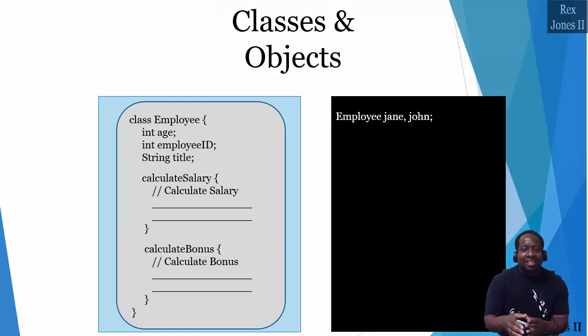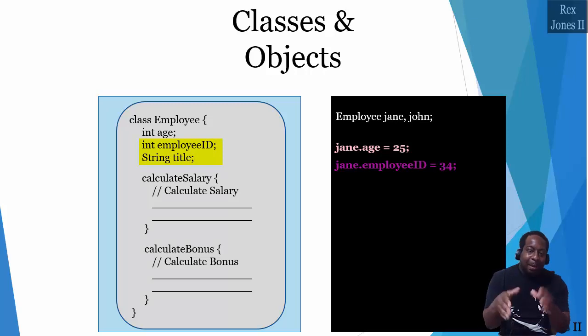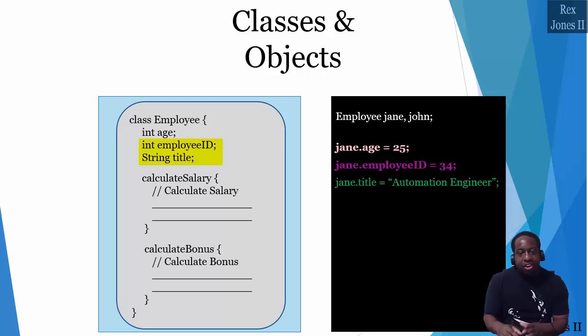The same way the class has age, our object Jane has age, and the value is 25. Just like the employee class has employee ID and a title, Jane has employee ID with the value of 34 and automation engineer as the title.